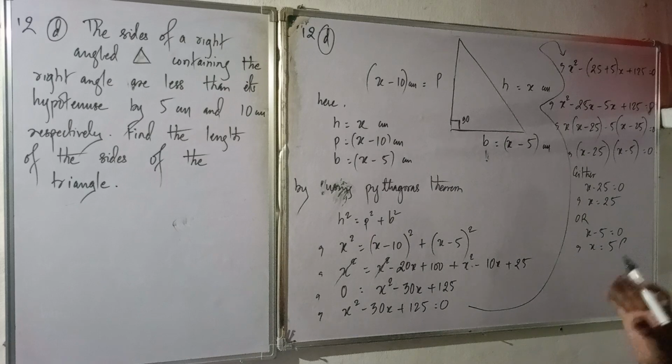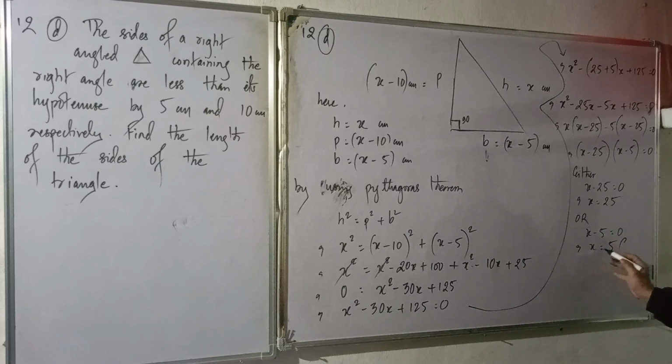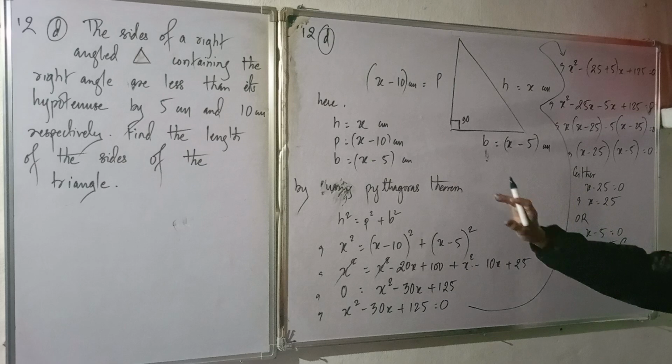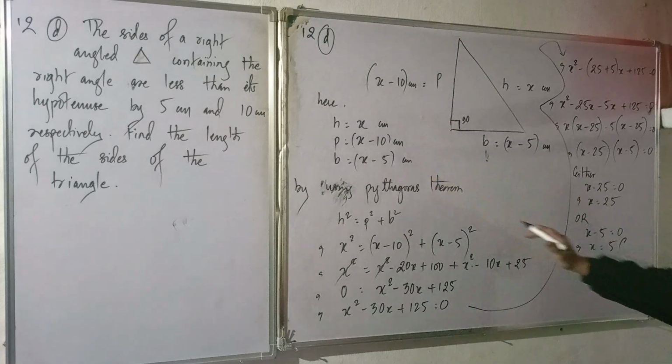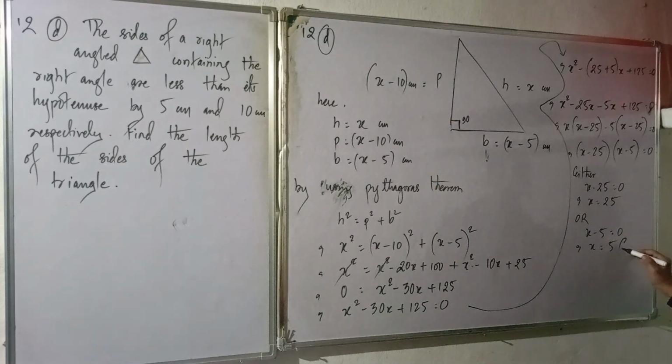The side should not be in minus sign, as it is a scalar quantity. So x equals 5 contradicts the situation, so you have to reject it. Therefore x equals 25, that we have to take.